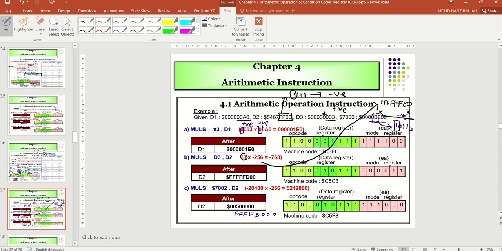Also F represents the negative value, so it also needs to be replaced with FFFF00. So just multiply this one.